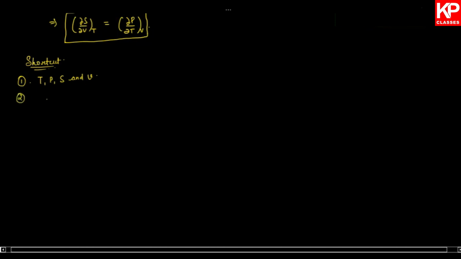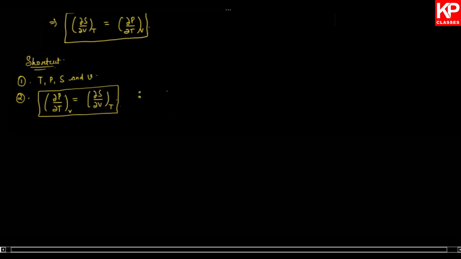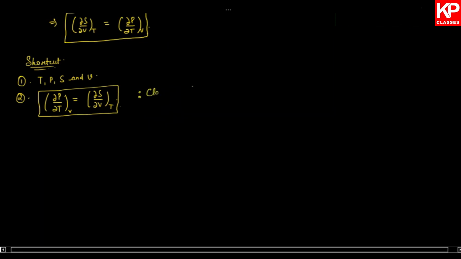Secondly, you have to remember this one particular expression: del P by del T, del S by del V. It is at constant volume and this is at constant temperature. You have to make sure that you remember this particular expression, because it is quite important, as this equation is also known as the Clausius-Clapeyron equation.